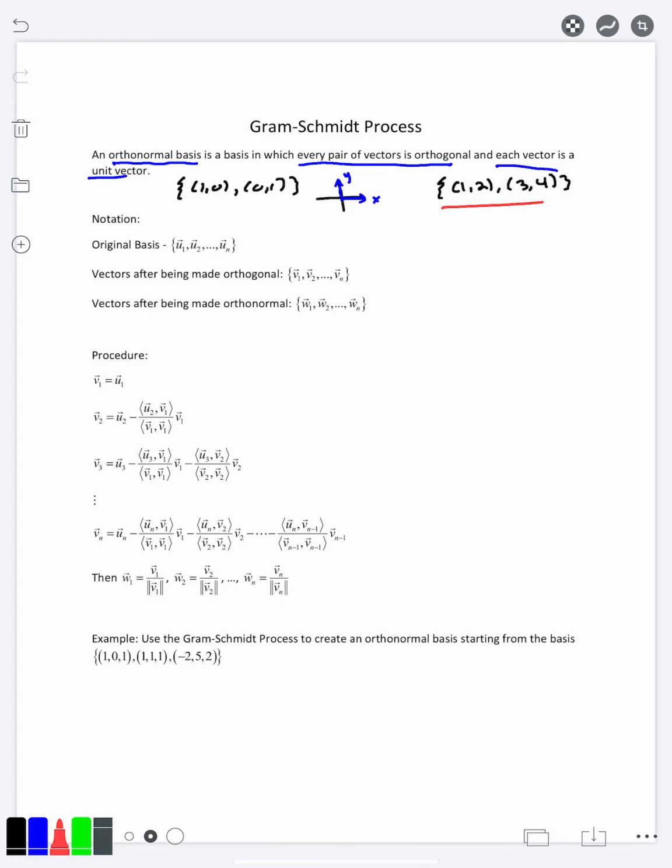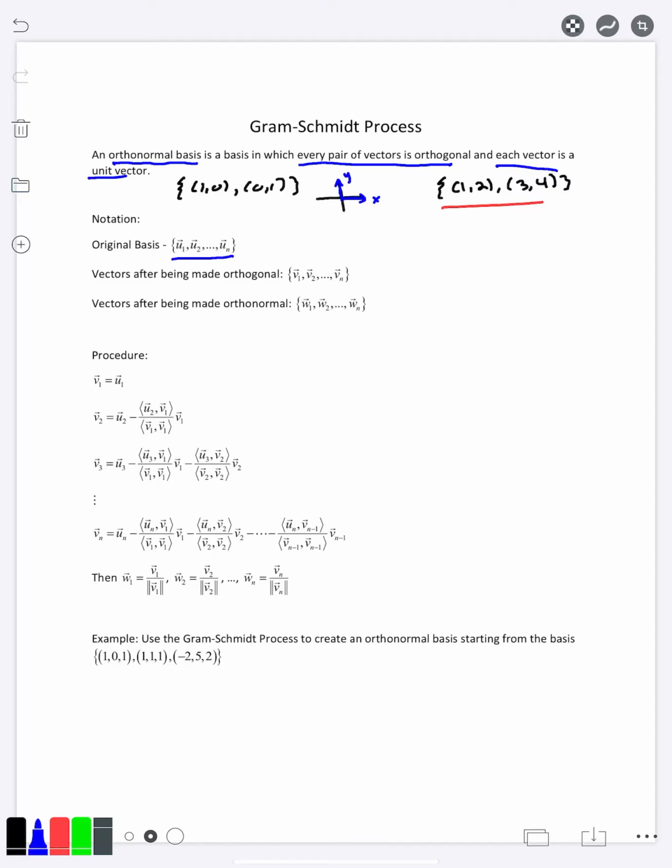Okay, now before I get into the actual formulas for the Gram-Schmidt process, because it's kind of a big mess at first, and only really by repetition do you get it down and understand what things are going on here. If you just try to look at the formula, it's a big mess. So to try to help us out here, let me say the notation here. U's are going to be the vectors that you start with.